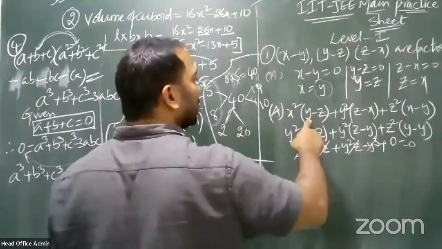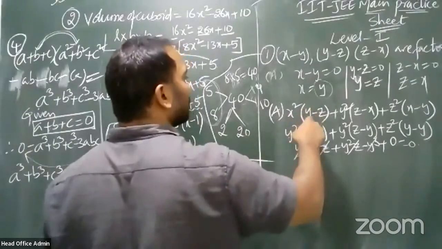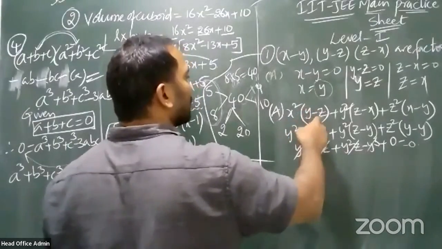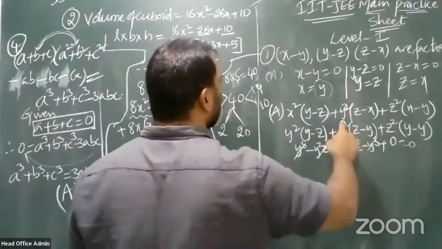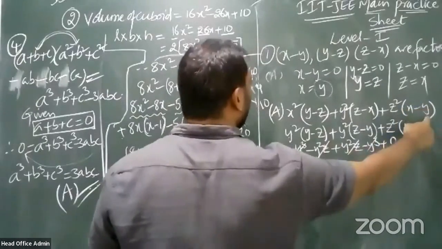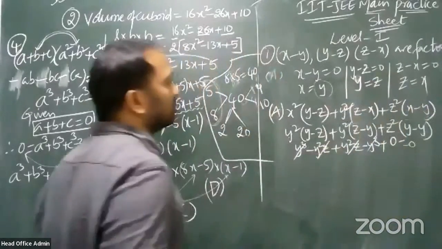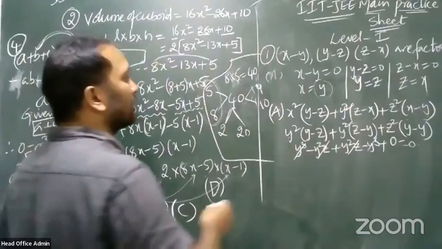Same if I substitute z in place of y. z minus z is 0, and 0 into something is 0. So again this value becomes 0. If you want, I will just check.